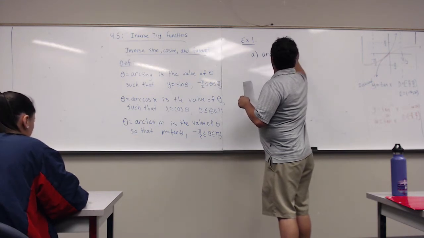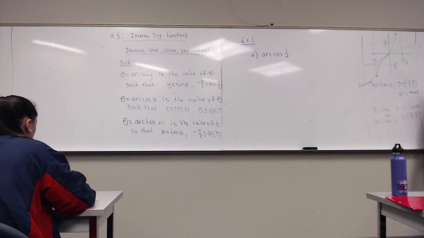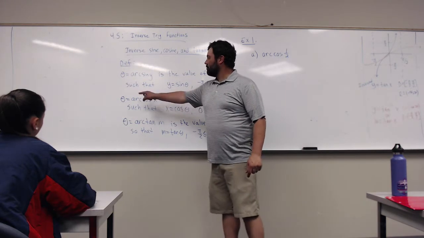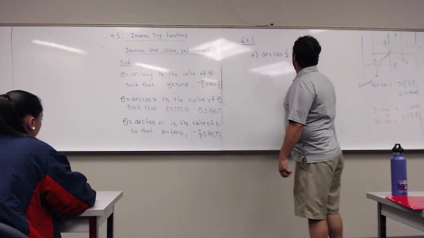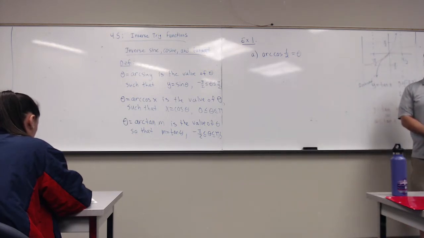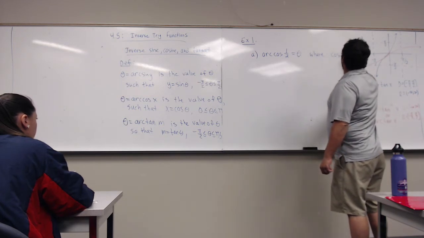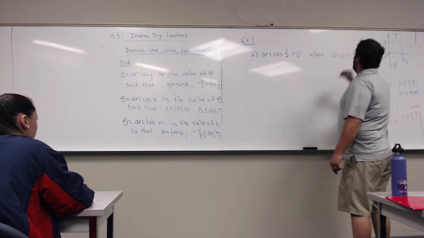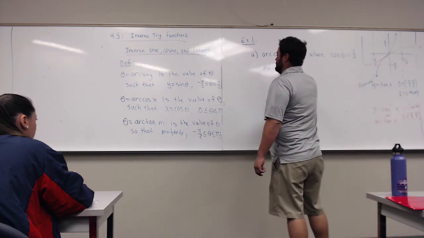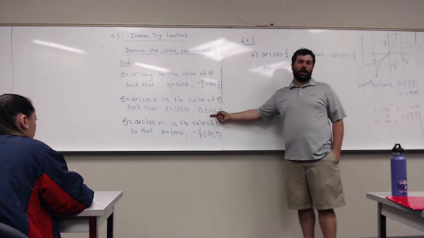I want to compute arc cosine of a half. So arc cosine of a half is supposed to be the angle theta. For now, just call arc cosine of 1/2 some angle theta, where if you plug that angle back into cosine, you get an output of a half, and the outputs of arc cosine are always angles between 0 and pi.